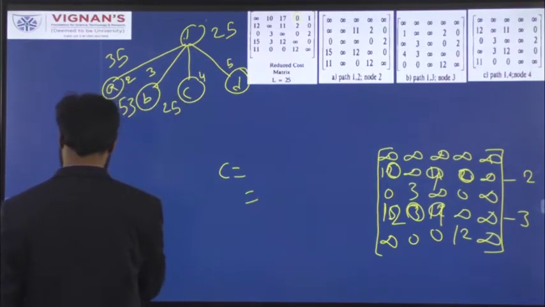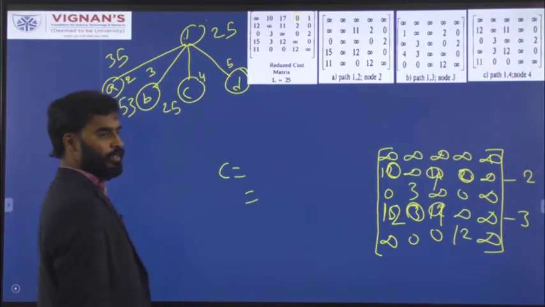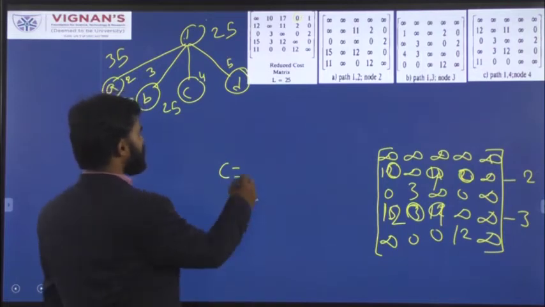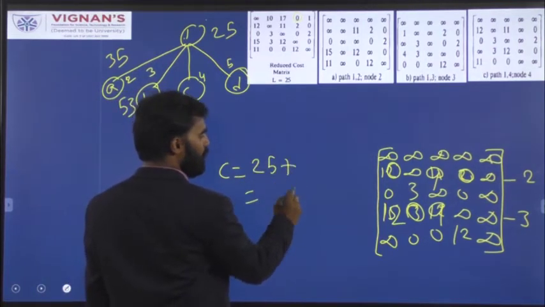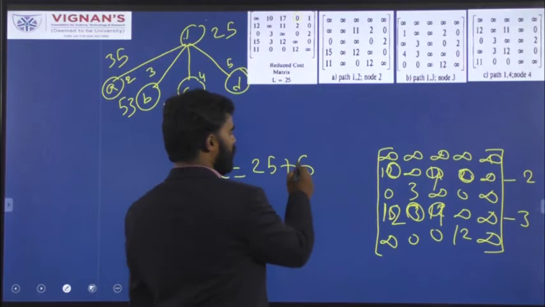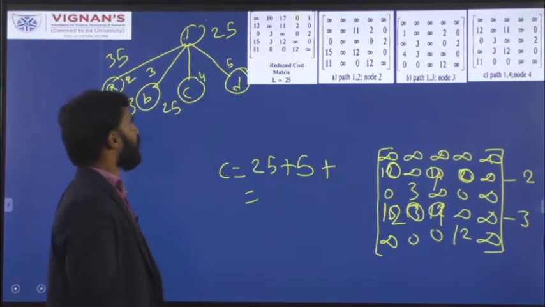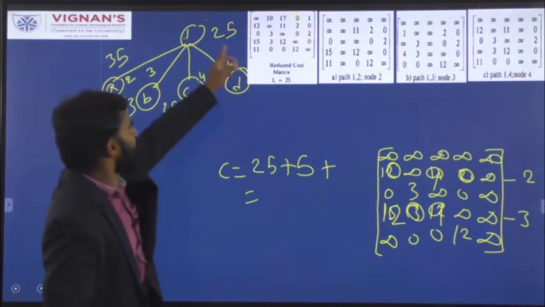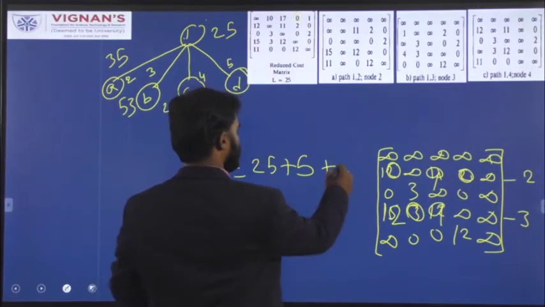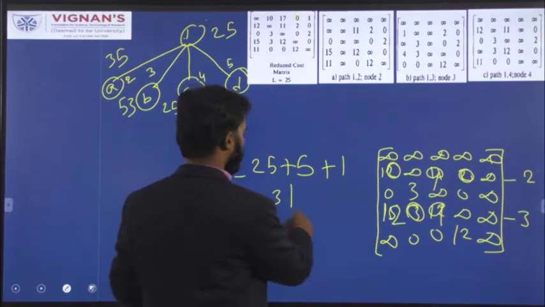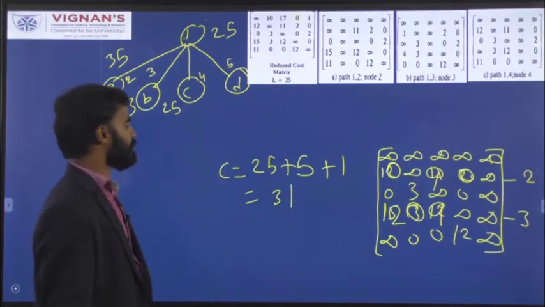The cost for node D is the cost of its parent plus the reduction cost, 2 plus 3, which is 5, plus the distance from 1 to 5. The distance from 1 to 5 is 1, and so the total cost is 31.